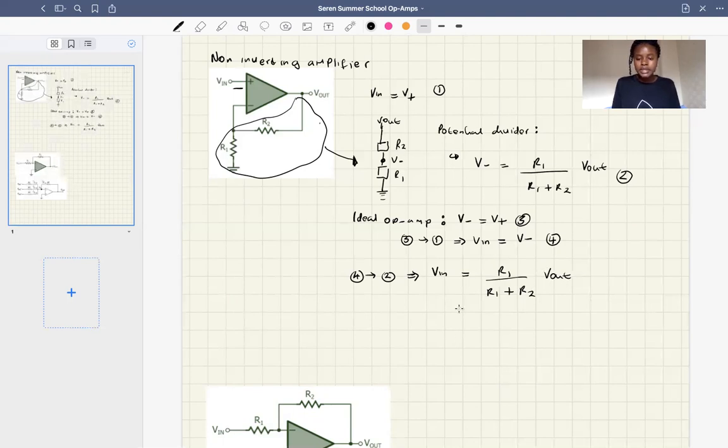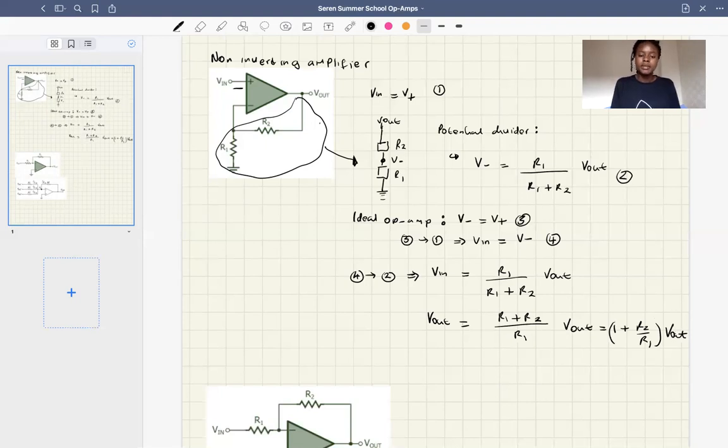And so we can say that V out is equal to R1 plus R2 over R1 times V in, which is equal to 1 plus R2 over R1 times V in.